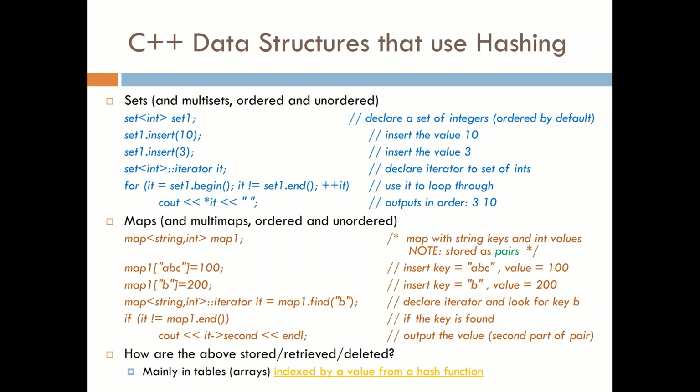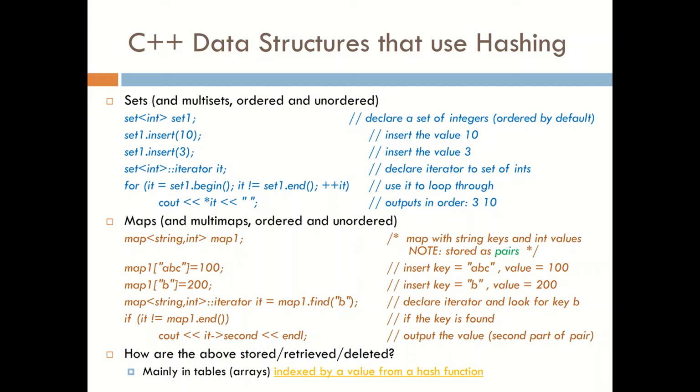This is akin to, for those of you that may be familiar with Python dictionaries. Python dictionaries are in essence maps because they store key value pairs. And so what happens when I say map, open bracket and quote, ABC, close quote, close bracket, the container takes over again and establishes a location for where it will store the value 100, and then it does so.